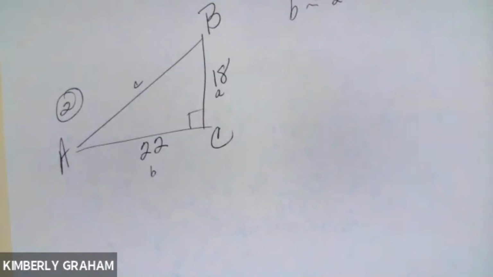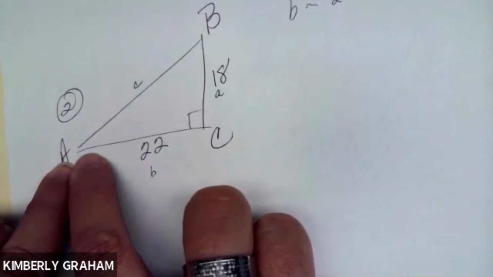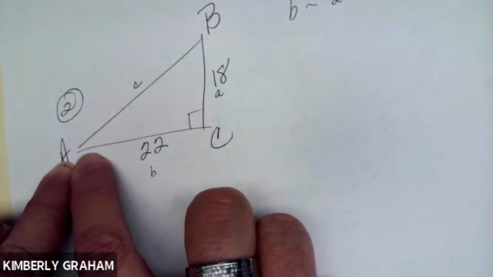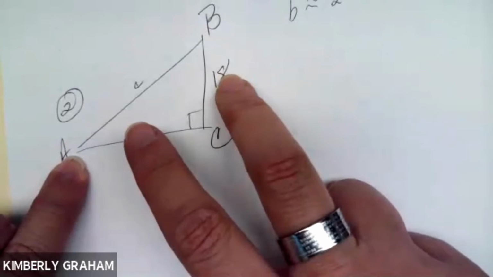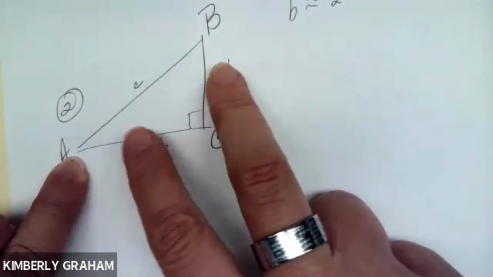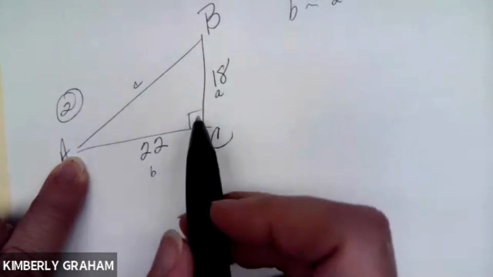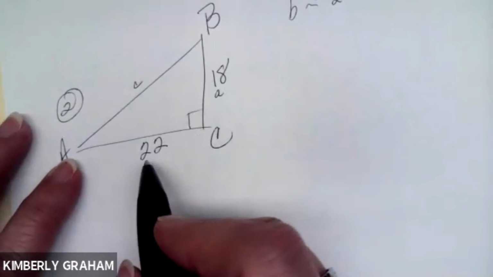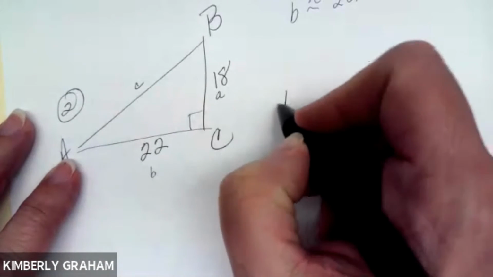If I want to look at some type of trig relationship with this angle A, then what I'm looking at is the opposite and adjacent, or adjacent over opposite, so either tangent or cotangent. So I am going to actually use tangent here because that's the button on my calculator. It's easy to get to.